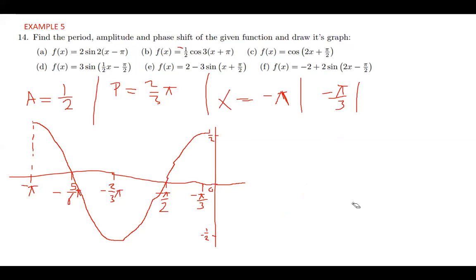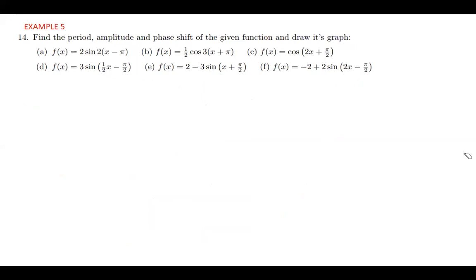So I've looked at sine and cos. Of course, the last two that we've looked at do not have the vertical shift. Now let us take one which has the vertical shift. Let us look at the last one here. The last one here is f of x.